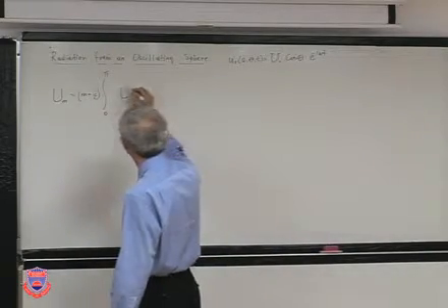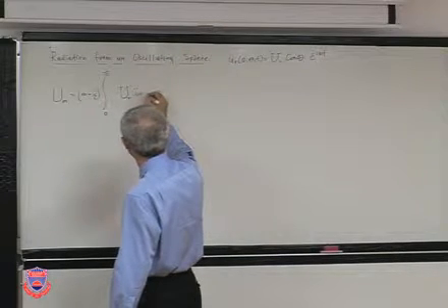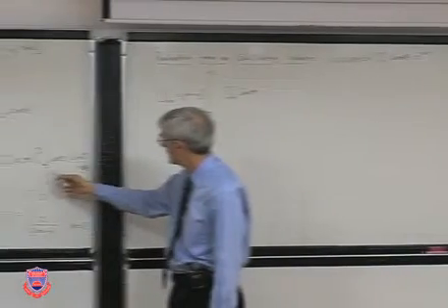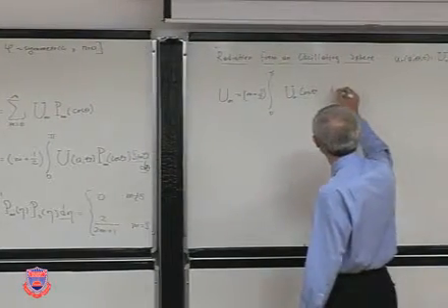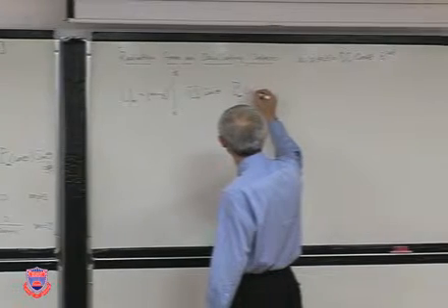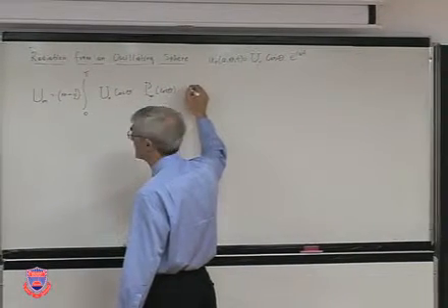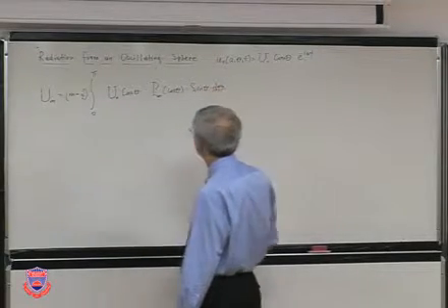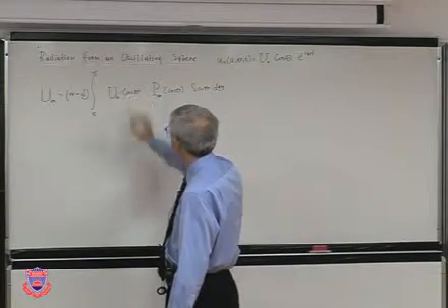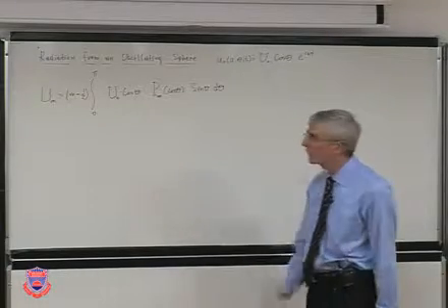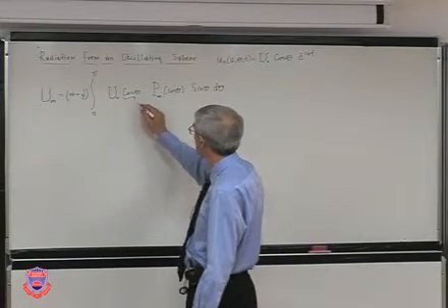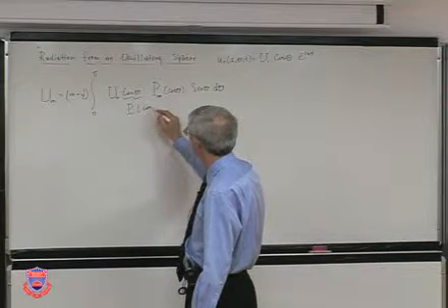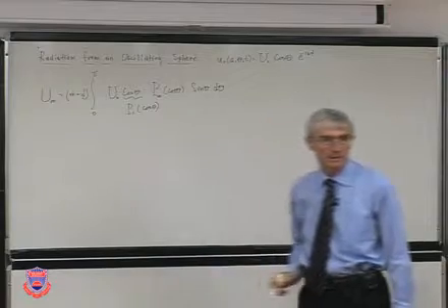So let's put that U0 cosine theta times P_m cosine theta and sine theta d theta. Now, cosine theta is also P1 cosine theta, correct?